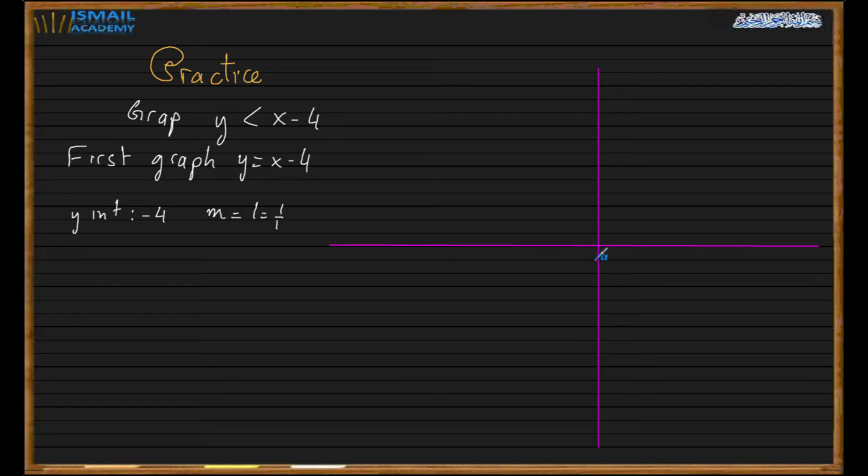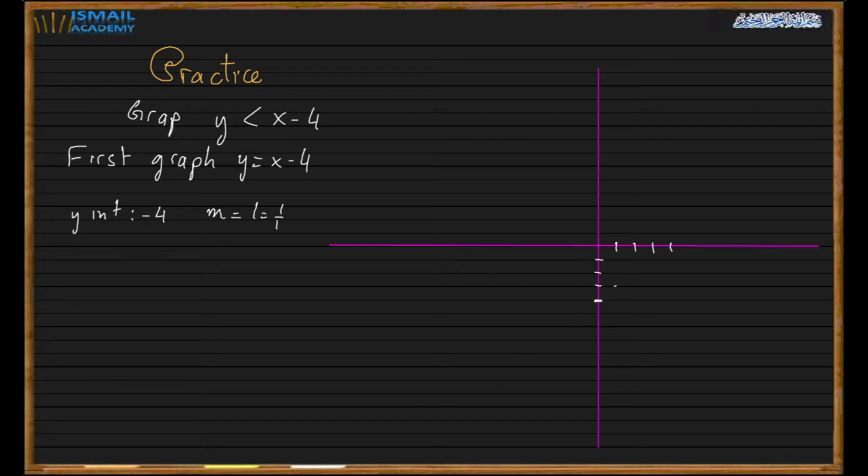So this is minus 1, minus 2, minus 3, minus 4, and 1, 2, 3, 4, and so on. My y-intercept is here, minus 4. I run by 1 and move up 1, so my second point will be here.